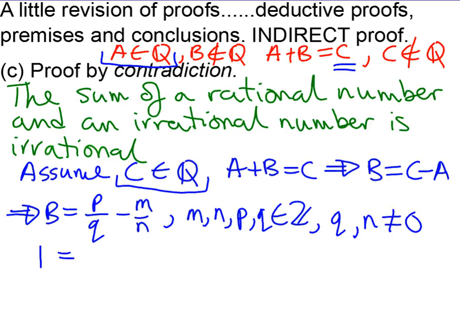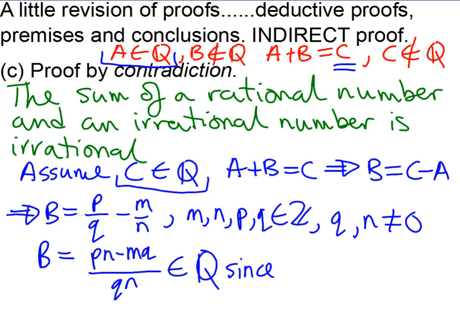That means B is (pn minus mq) over qn, and that is a rational number, since q and n are non-zero. So we proved B is a rational number.